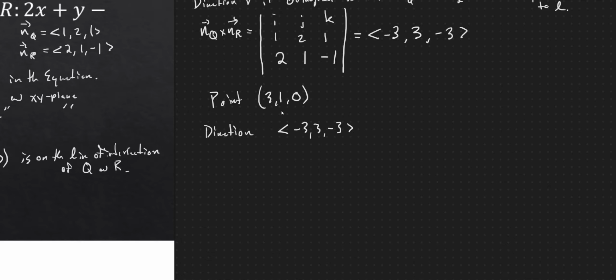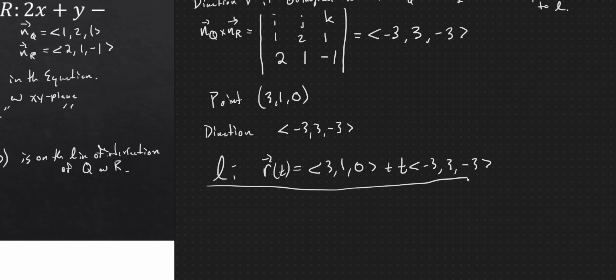It's my fixed point, the vector pointing to that, plus any multiple of this vector. So L then looks like, I'll call it r of t, will look like the point 3, 1, 0 plus t times negative 3, 3, negative 3. And that works as the equation of my line.